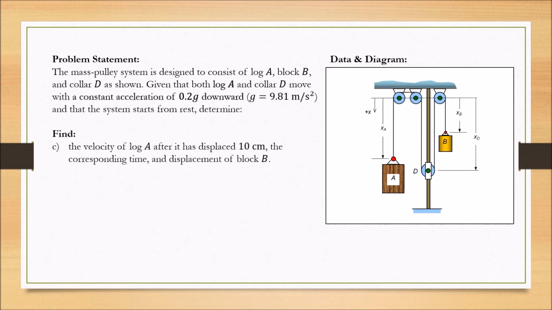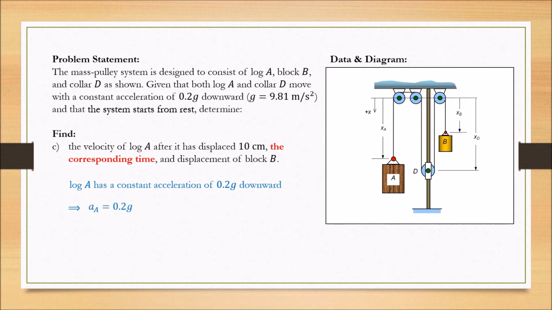Question C. The velocity of log A after it has displaced 10 centimeters, the corresponding time, and the displacement of block B. For this problem, we can try to calculate the time first and then the velocity of log A afterwards. It is stated in the problem that log A has a constant acceleration of 0.2 g downward. aA equals 0.2 g, and that equals the differential of vA with respect to time, dvA over dt.